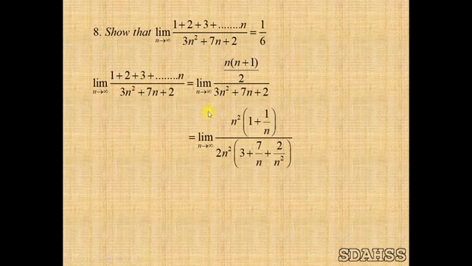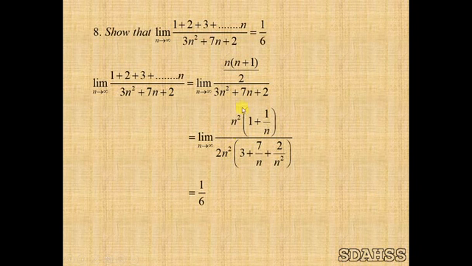Limit n tends to infinity. In the numerator here n you take outside, then you will get n square into 1 plus 1 by n divided by 2. In the denominator, the highest power is n square, so take it outside, so you have 2n square into 3 plus 7 by n plus 2 by n square.